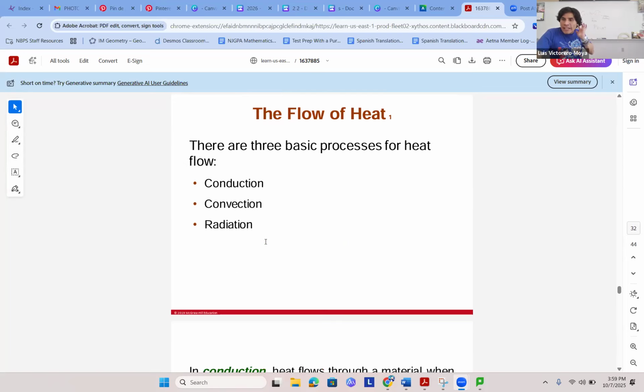And for the flow of heat, just review conduction, convection, and radiation. Conduction is basically contact. Convection is convection currents that can happen during summer nearby the ocean. Hot air goes up, cold air goes down, and vice versa. We normally see convection currents when you are cooking.